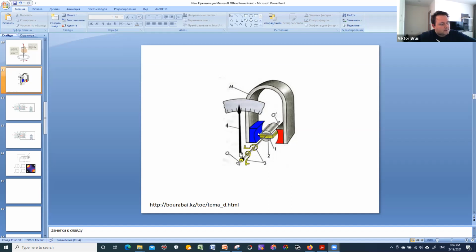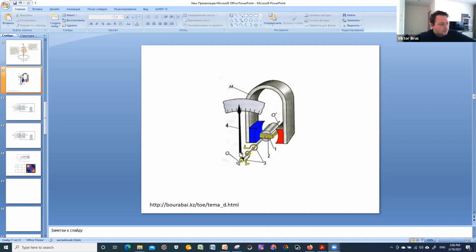We place a coil with number of loops of electric wire through which the measuring current will run.